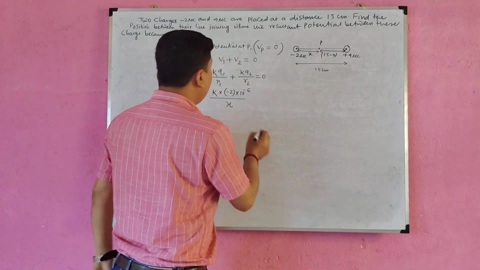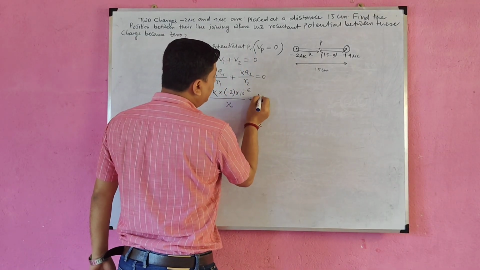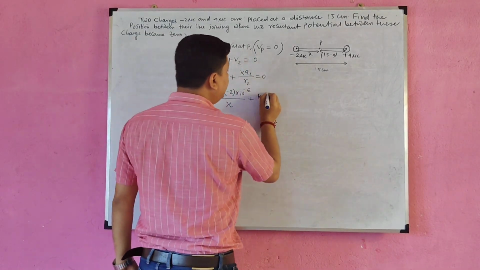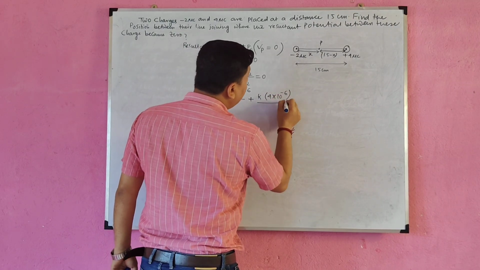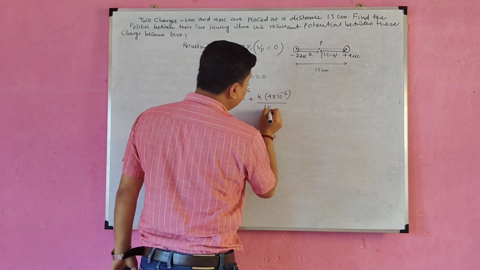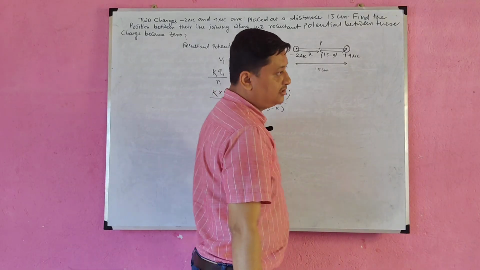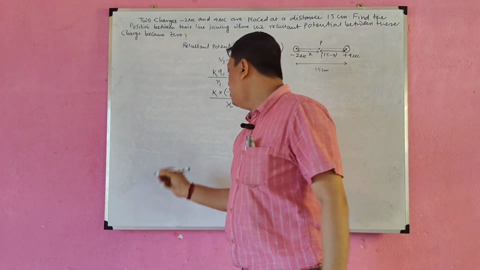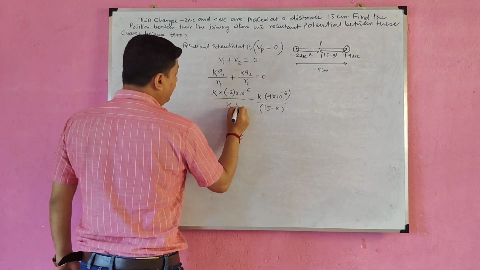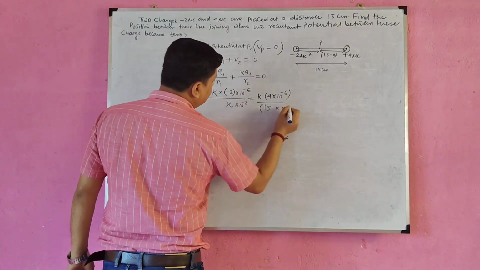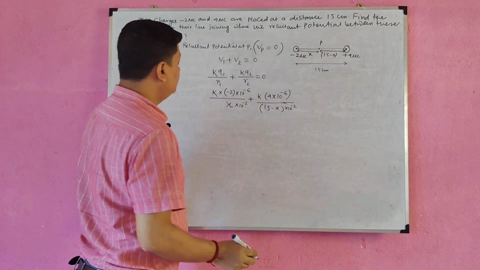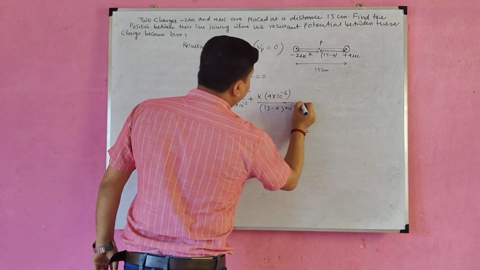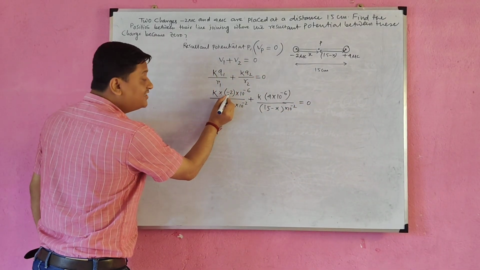Okay. So now another is K, and what is the value of Q2? That is 4 microcoulomb, that is 4 into 10 to the power minus 6, and the distance of separation from the charge is 15 minus x. You can change it into meter over there by multiplying 10 to the power minus 2. So from this we can see that there is one minus sign over there.